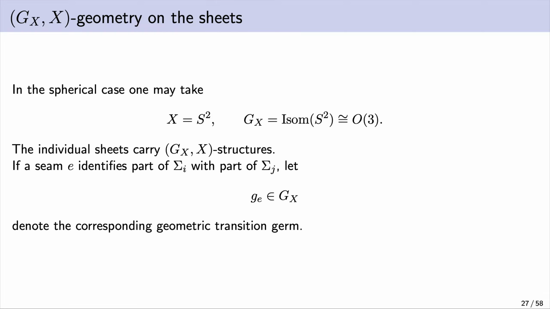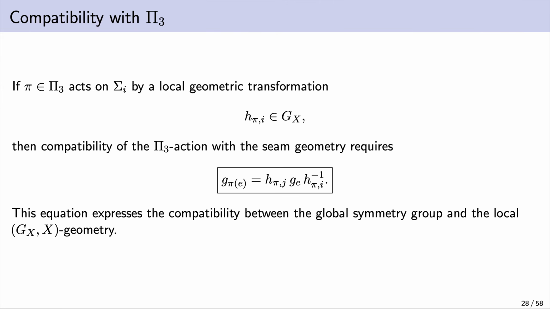when these seams overlap, let the germ, as an element in this O3, denote the corresponding geometric transition germ. All right, so if pi, an element in the pi3 group, acts on the ith surface by a local geometric transformation h sub pi comma I, an element in GX, then we get a compatibility of the pi3 action with the seam geometry.